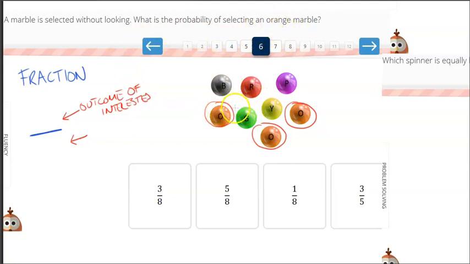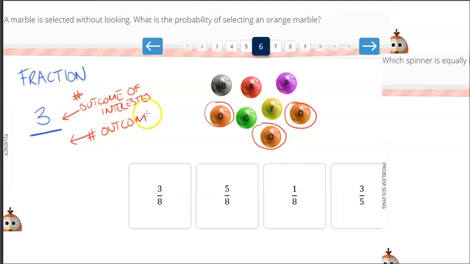Well, how many oranges are there? Well, there are 3. So in this case here, this is 3. And then the bottom number is the number of outcomes all up.